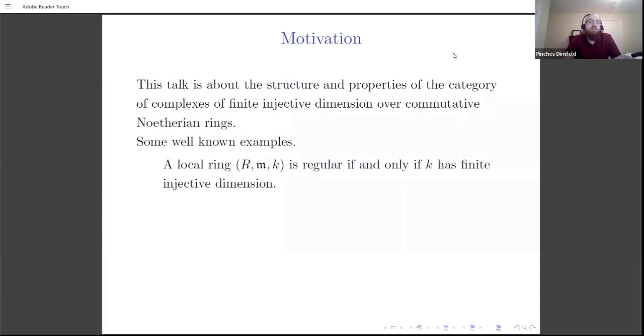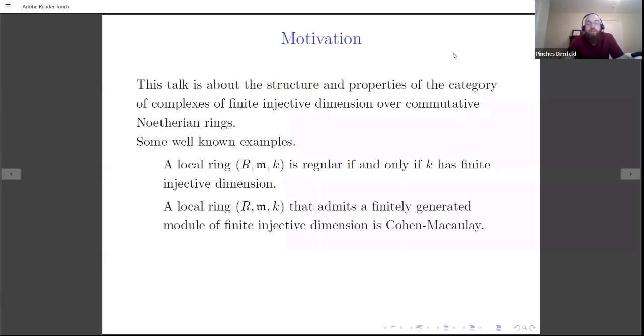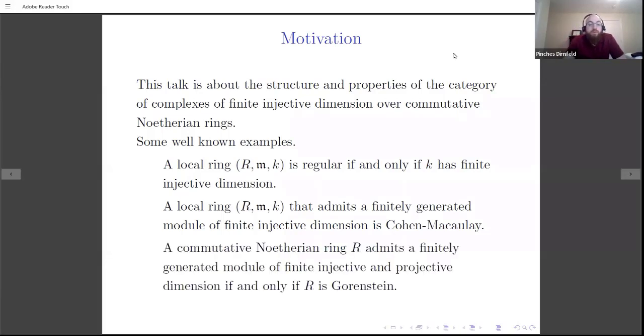For example, a local ring (R, m, k) is regular if and only if k has finite injective dimension. We also know that a local ring admitting a finitely generated module of finite injective dimension has to be Cohen-Macaulay. This is one of the results that I'm going to use quite a bit here.